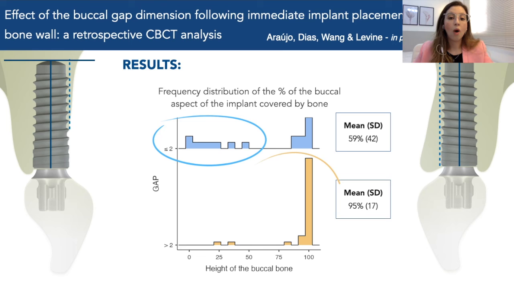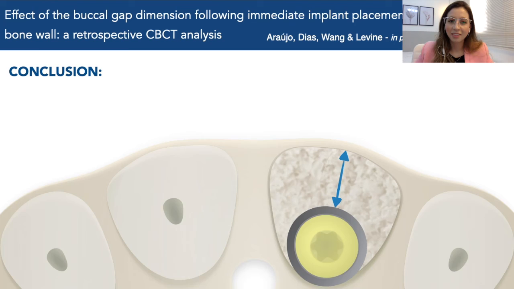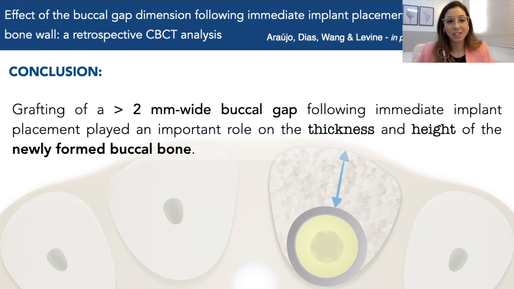While in the wide group in orange, the majority of the cases presented more than 80% of the buccal aspect of the implant covered by bone. Thus, in conclusion, this study showed that the wide gap, the greater than 2 millimeters gap, promoted a stable, thicker, and higher buccal bone wall.